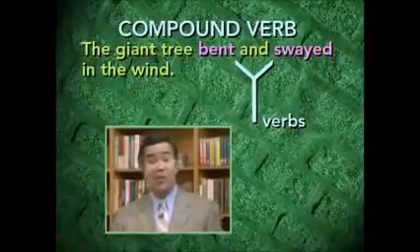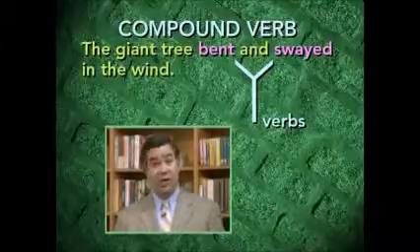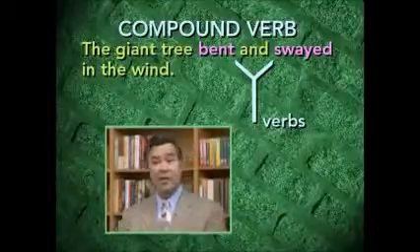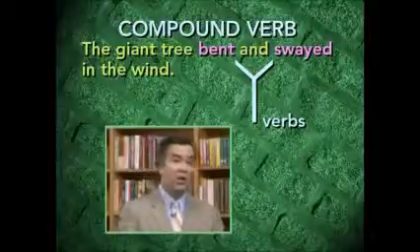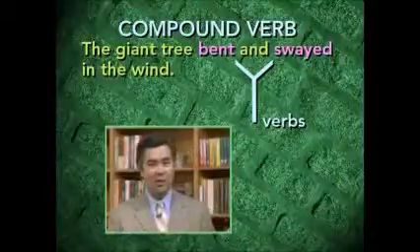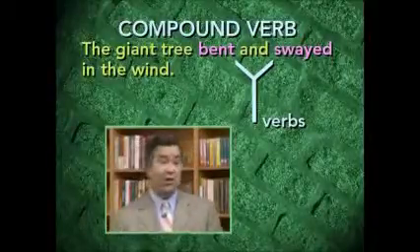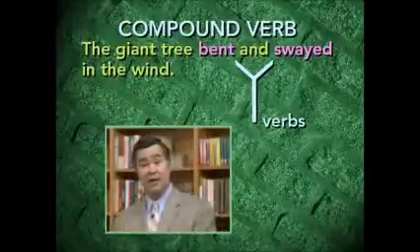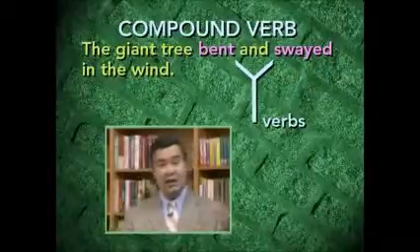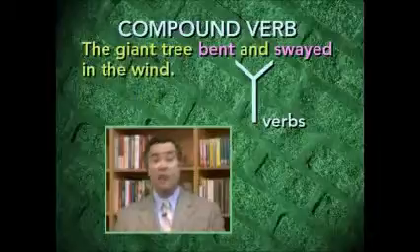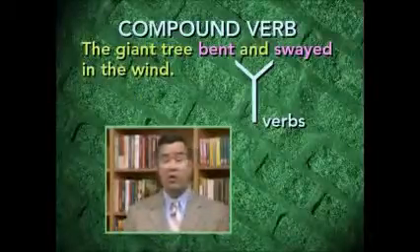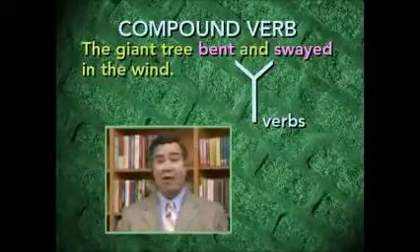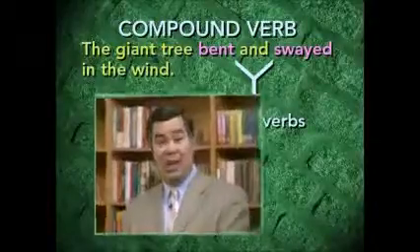So in this sentence, we have a compound verb. That is, two verbs joined by the word and, both of which describe what the subject is doing. So the heart of this sentence is tree, bent, and swayed. And the other words in the sentence are there to give us more information about what kind of tree it was and how and when the tree bent and swayed.